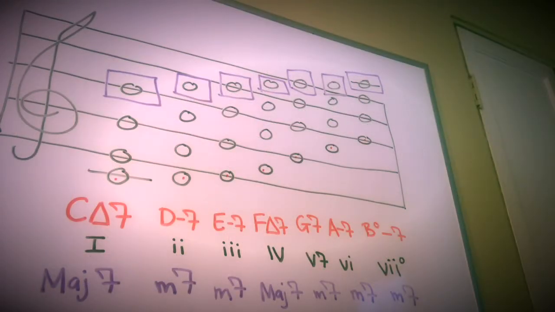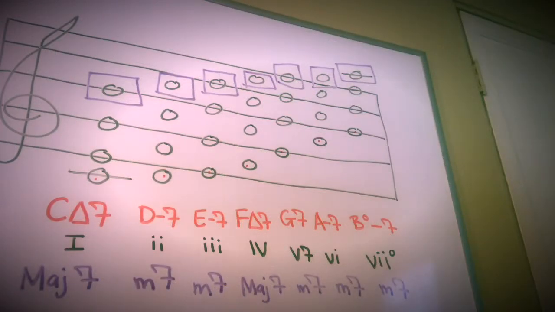When we add diatonic 7th degrees to each of these triads, we come up with 1 major 7, 2 minor 7, 3 minor 7, 4 major 7, 5 dominant 7, 6 minor 7, and 7 diminished minor 7.